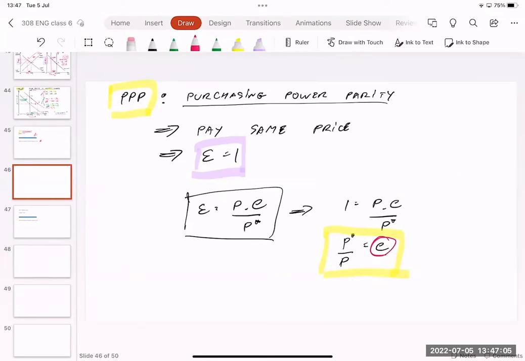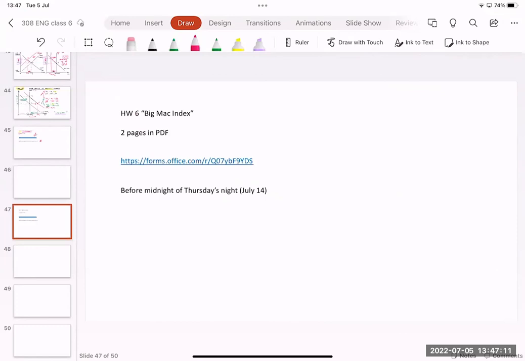To understand this better, I give you the other homework, homework 6. I want you to Google the Big Mac Index. Try to read from English sources, especially The Economist.